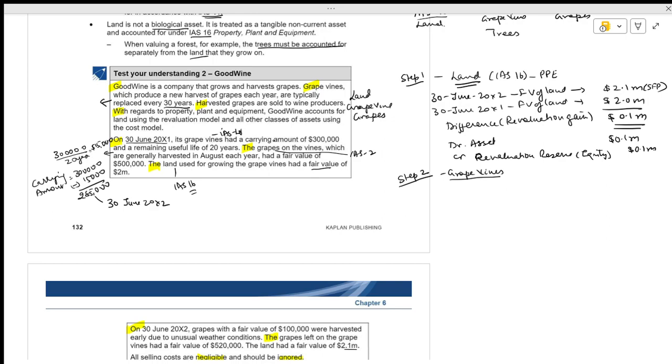They have mentioned that on 30th June 2001 the grapevine is 300,000. What is the opening balance of the grapevine as on 30th June 2001? It is 300,000.